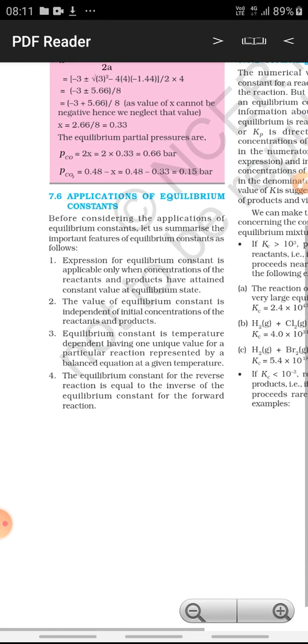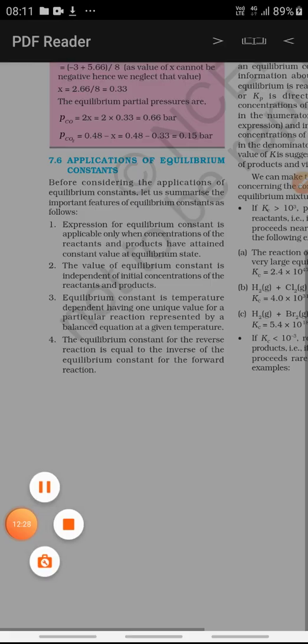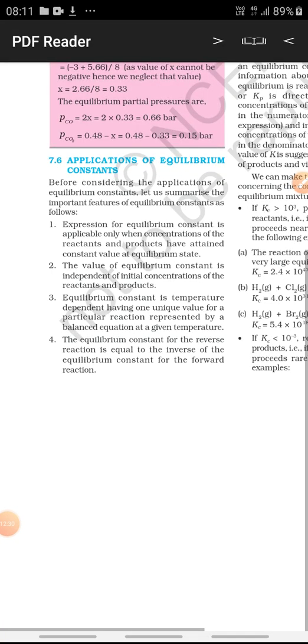Now, I have told you about the equilibrium constant. What is the application of the equilibrium constant? What do we do after finding out the value of the equilibrium constant? The equilibrium constant is a very important thing by which you can get to know how much product will be formed in a chemical equation.